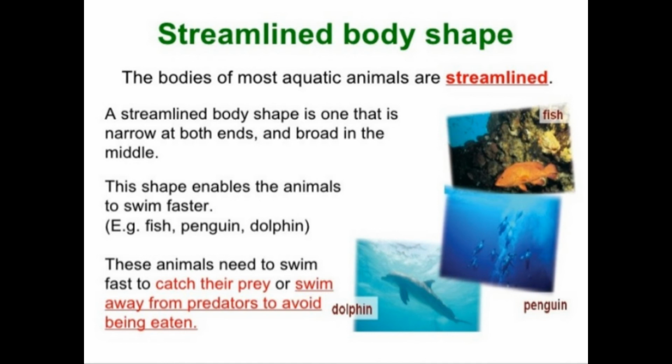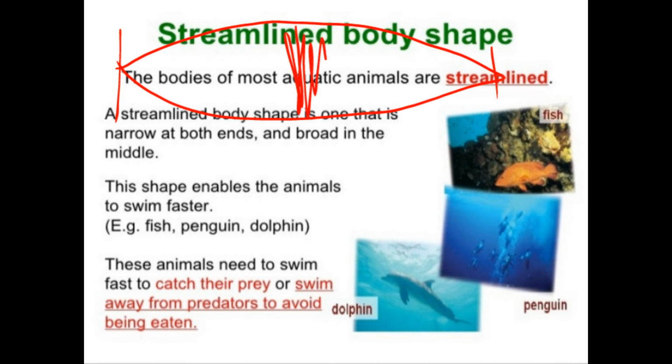The next, the streamlined body shape. The streamlined body shape means which is narrow at both ends and broad in the middle, like this. It's narrow in the corners and it's relatively broad in the middle of the body.